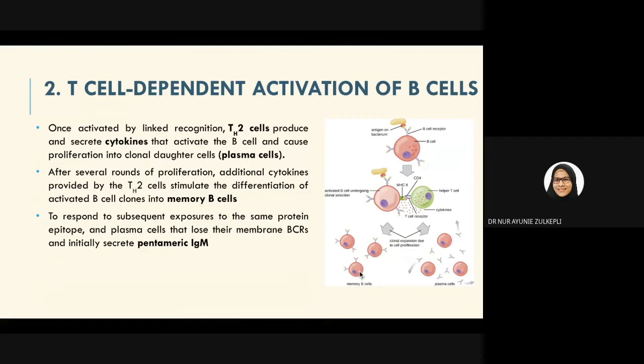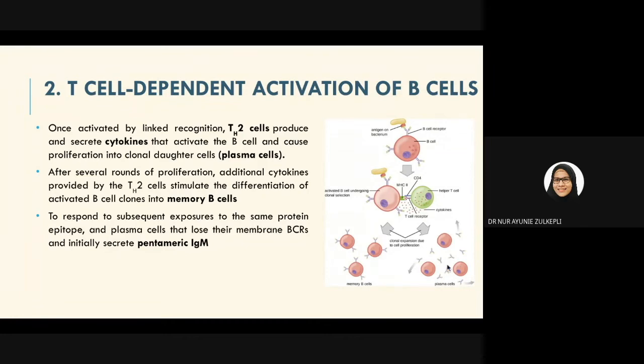The memory B cells will be stored in the body and will be active upon a subsequent attack by the same antigen on a bacterium later on. So this is the memory B cells. In T cell independent activation, there is no production of memory B cells. But in T cell dependent activation, plasma cells are differentiated and produced, as well as the memory B cells.